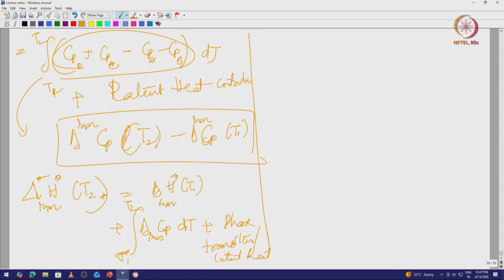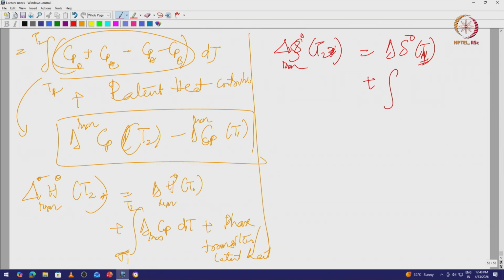Similarly, if I write delta S naught at T2, I want to find delta S naught at T2 when I know delta S naught of the reaction at T1. Now, it does not need to be 1 atmosphere, I can also do this at any other pressure. I am just fixing it at 1 atmosphere so as not to confuse you, but ideally this can be extended to any pressure.